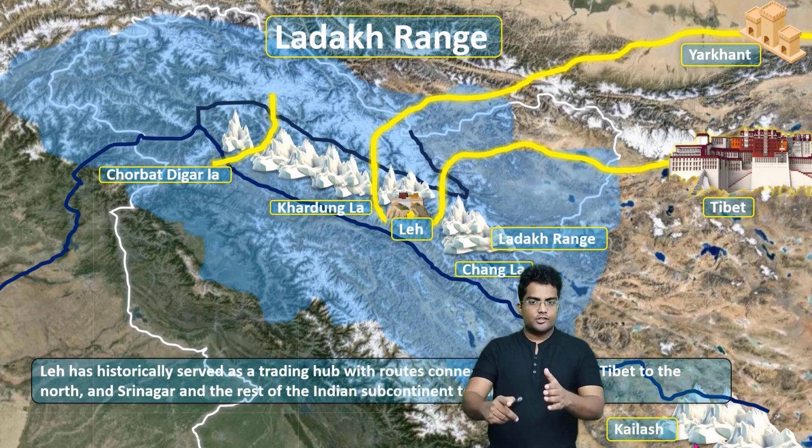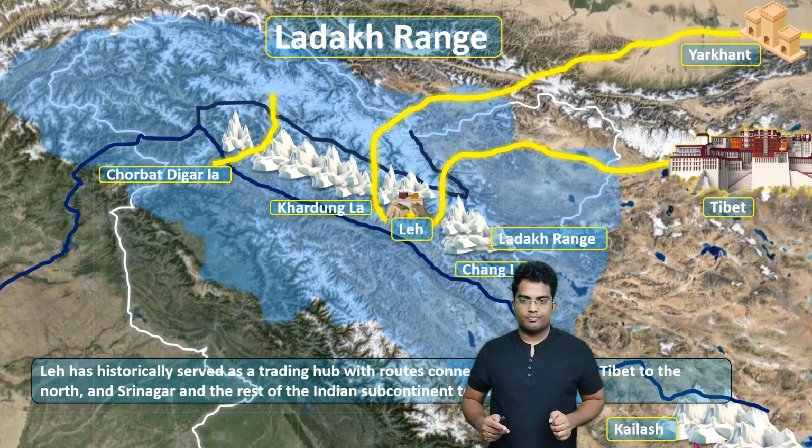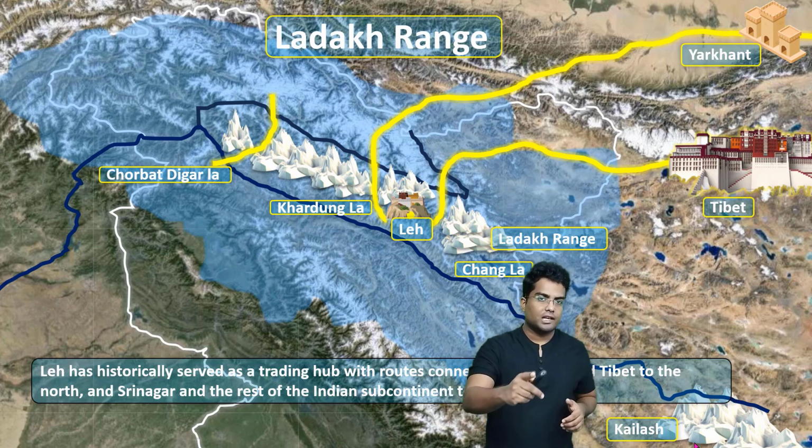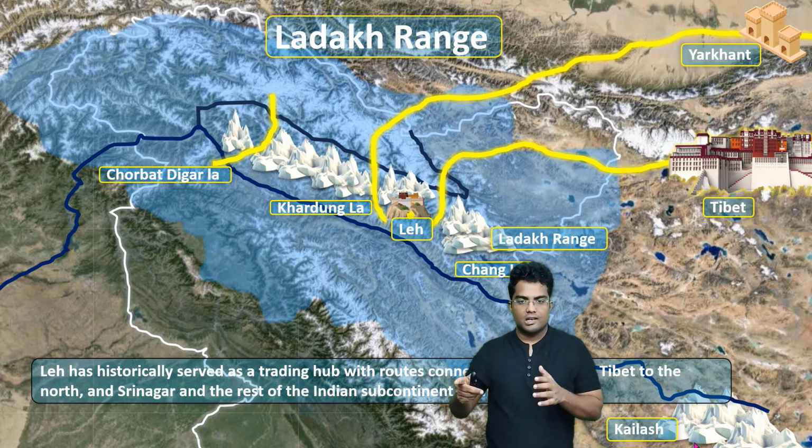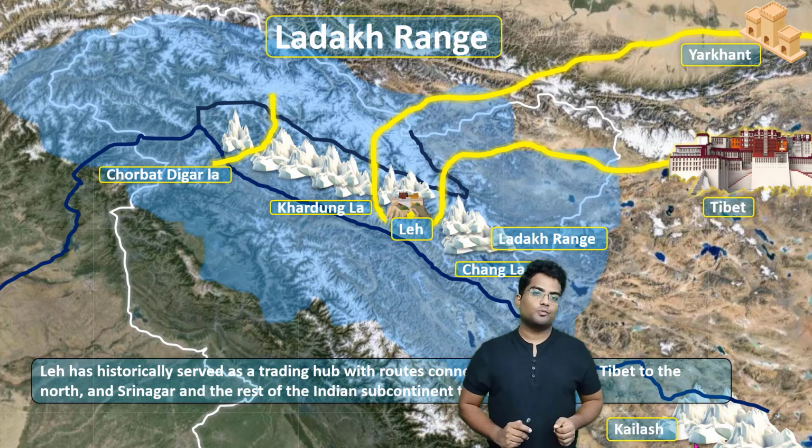So these 2 regions, Yarkand as well as Tibet, were historically quite important. From Yarkand and Tibet, they reached Leh through the Kardungla Pass as well as the Changla Pass. A very important thing that you have to know.